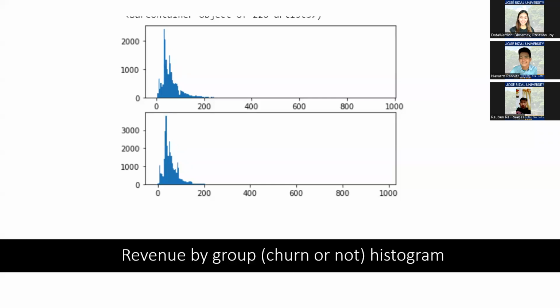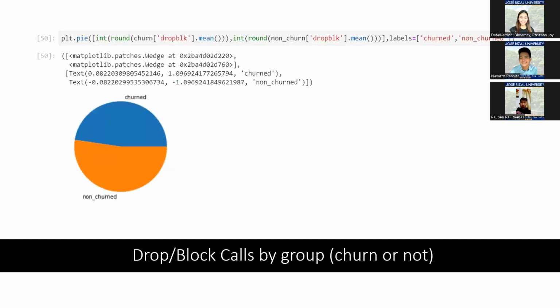In this figure, the dropped voice calls seem to be more with the non-churn customers than the ones that are churned, as evident in the pie graph. And in this slide, there seems to be a higher chance of the voice call being dropped with the churn customers than the ones that are not, as you can see in the pie chart.